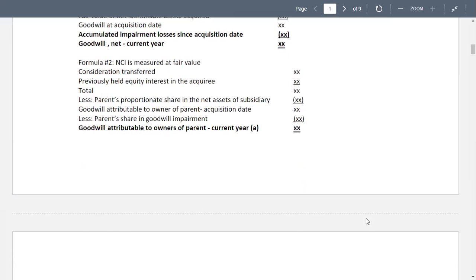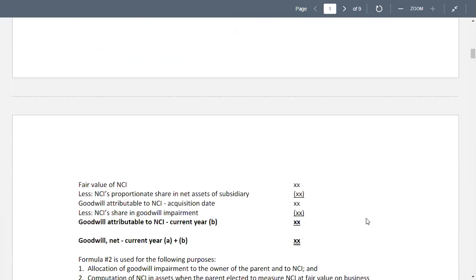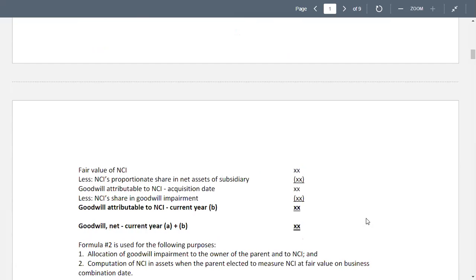Then we continue with the fair value of the NCI. We deduct the NCI's proportionate share in net assets of subsidiary. We determine now the goodwill attributable to NCI at acquisition date. And then we deduct the NCI share in goodwill impairment.